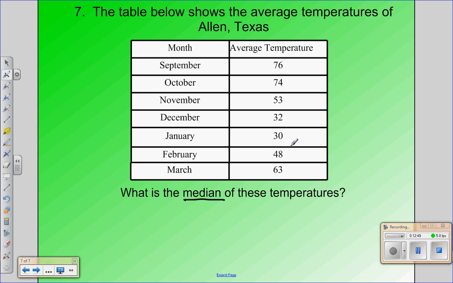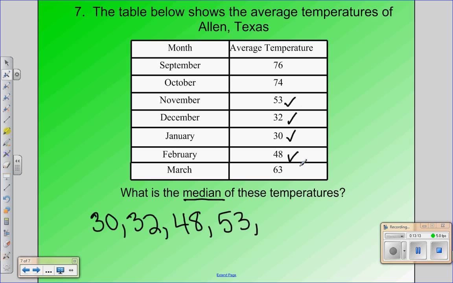So here we go. Our number that is the least is going to be 30. I'm going to check it off as I write it down. Your next number is going to be 32. Then you have 48. Your next number is going to be 53. 63. 74, and then 76.